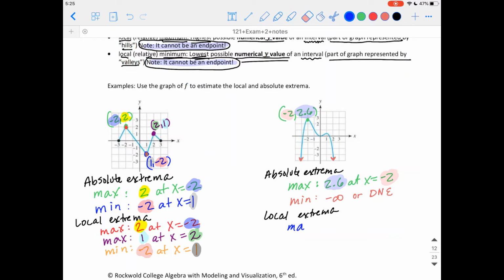So I'm going to go back and put it green. Then I'll use the other one as blue. So I'm gonna have a max of 2.6 at x equal to negative 2 if I was only looking to the left part of that graph. And so let me highlight here.